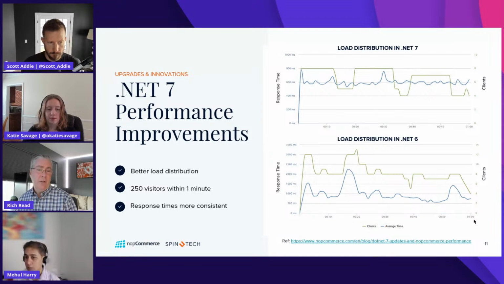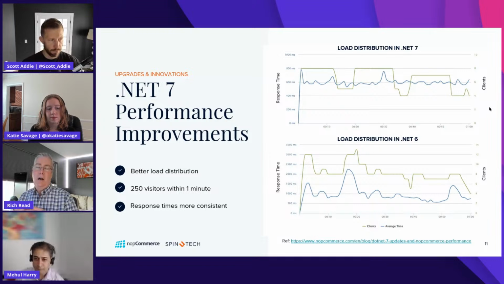And then load distribution, it might be hard to visualize on a graph, but the spike in processing has flattened out as we've upgraded through different versions of .NET, to the point where .NET 7 provides us one of the flattest load distribution levels that we've seen, which means that all of your customers are having the same kind of response times on their pages.